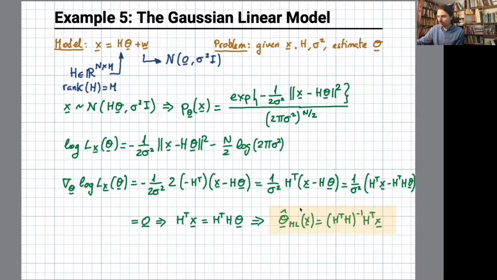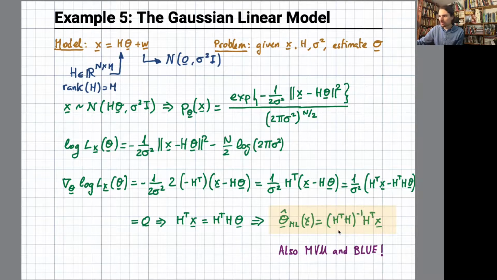And therefore, this theta, the solution to this equation, can be written as H transpose H inverse times this left-hand side, okay? So this is precisely the same expression that we found in the previous lectures when we derived the MVU estimator and the BLUE estimators for the Gaussian linear model, right?